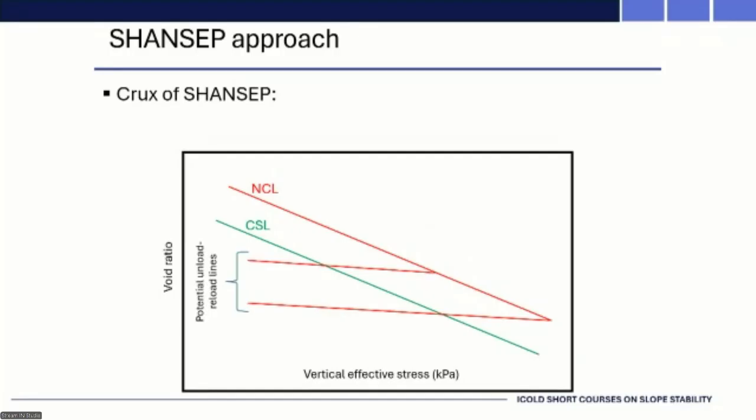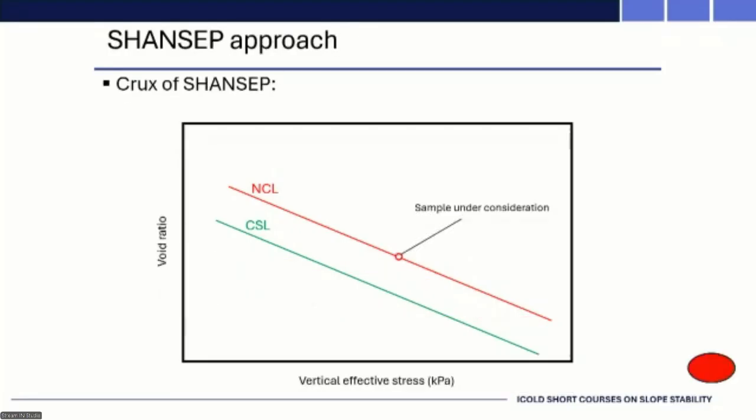But if you reload, obviously it goes back onto the normal consolidation line. Right? But now let's think about what the approach suggests is possible. So maybe we normally consolidated, you've got K0 of 0.5, 0.6 or whatever. You're sitting on that normal consolidation line, 1D.